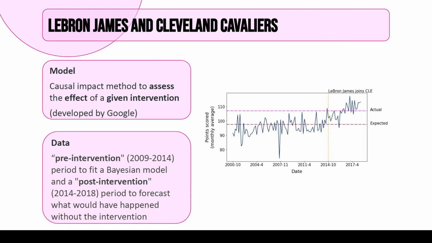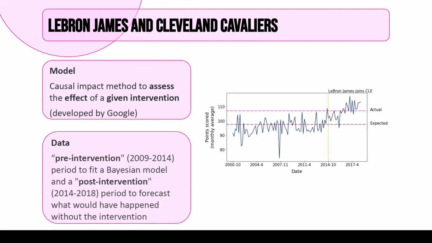So what I did here is try to understand how much LeBron James counted when he joined the Cleveland Cavaliers for the second time in 2014, because he was drafted and chosen by the Cleveland Cavaliers when he entered the NBA, and then he left, and then he rejoined again in 2014.